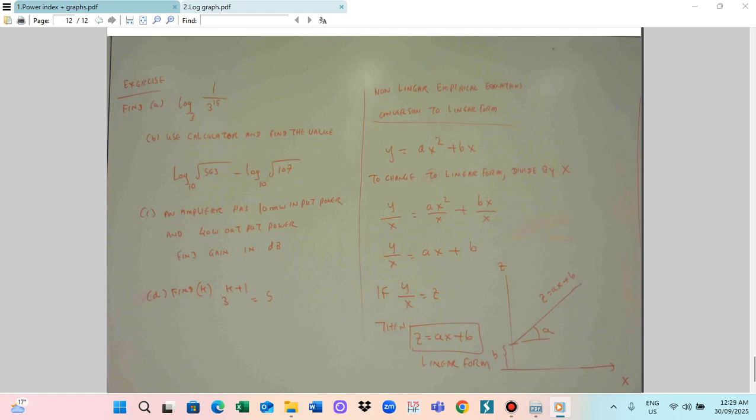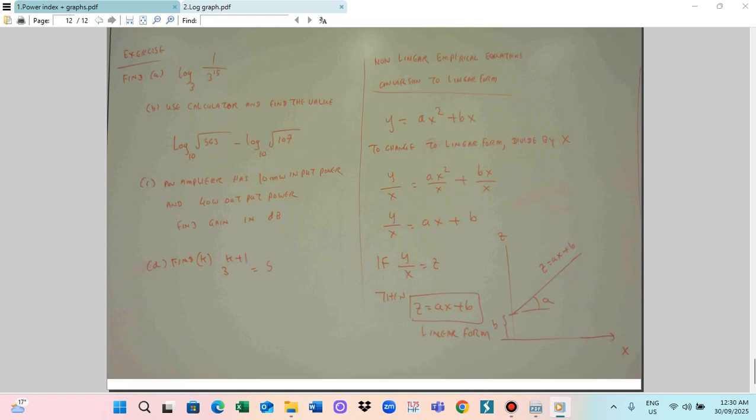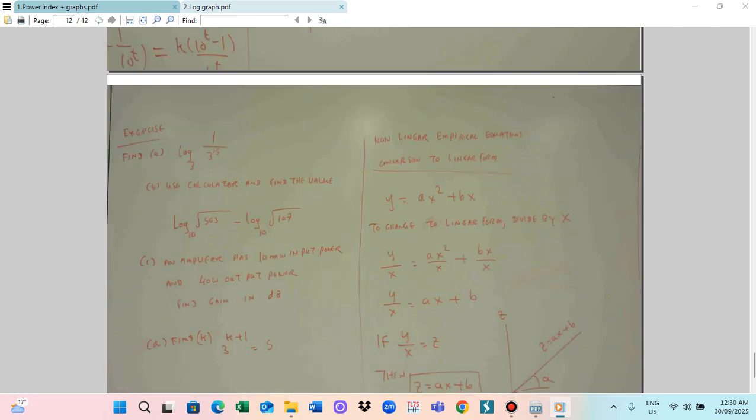Okay, another one is evaluate. We have to evaluate log 1 base 9. In this case, you have to convert it to the exponential form.